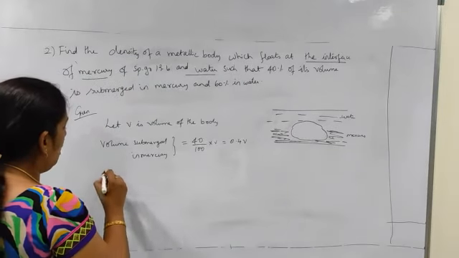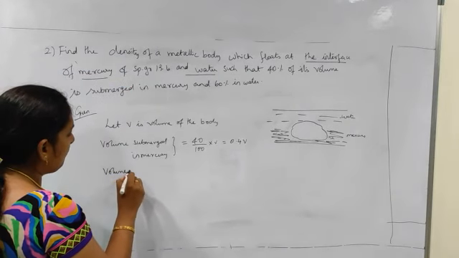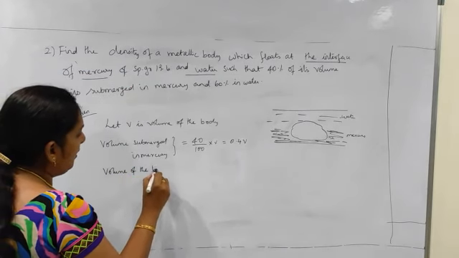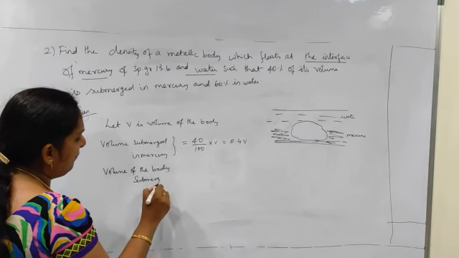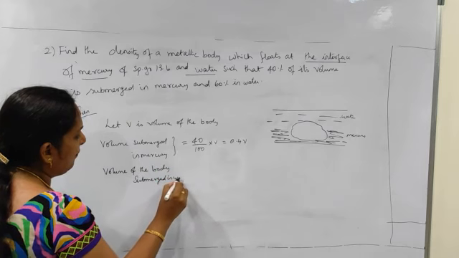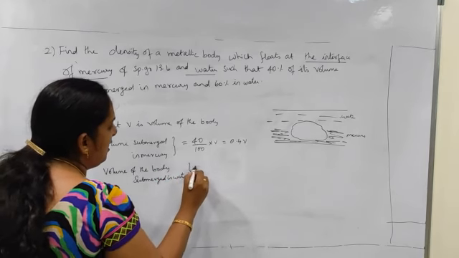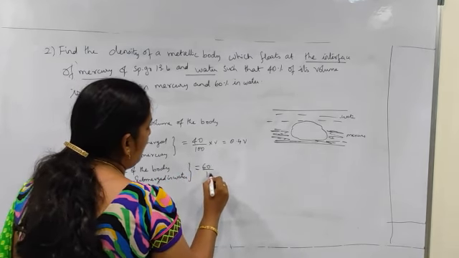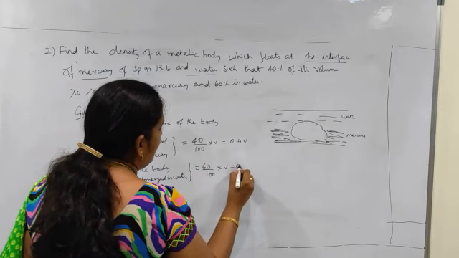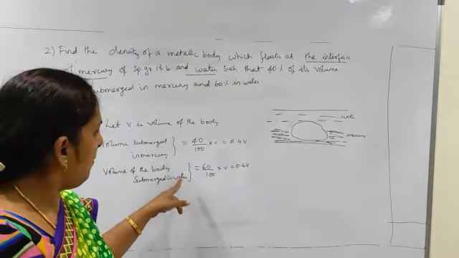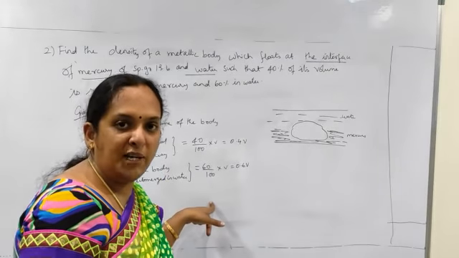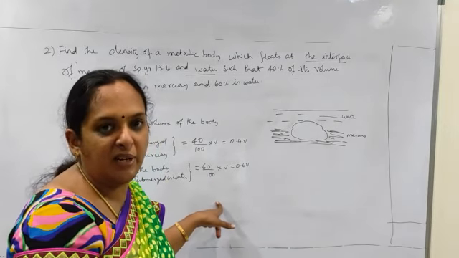Then the volume of the body that is submerged in water is 60%, so it is 60 by 100 into V, say it is 0.6 V. So this is the volume submerged in mercury and this is the volume submerged in your water.